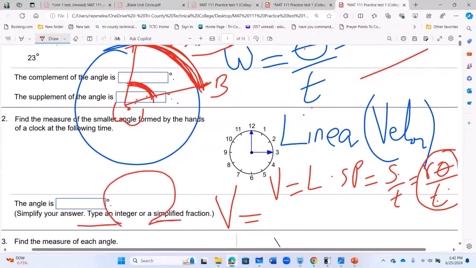The small letter omega is the one I'm writing now. The omega is like a W. So linear speed is omega multiplied by r. See, this is omega right here, multiplied by r.